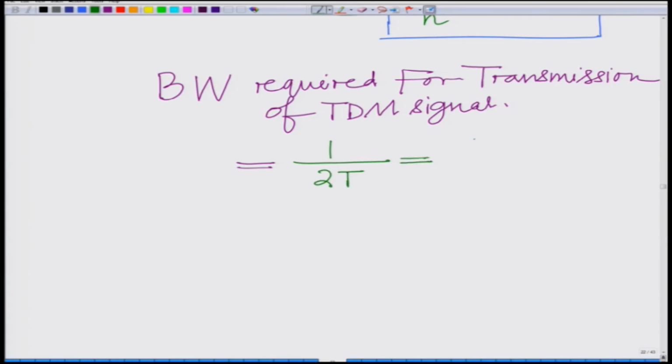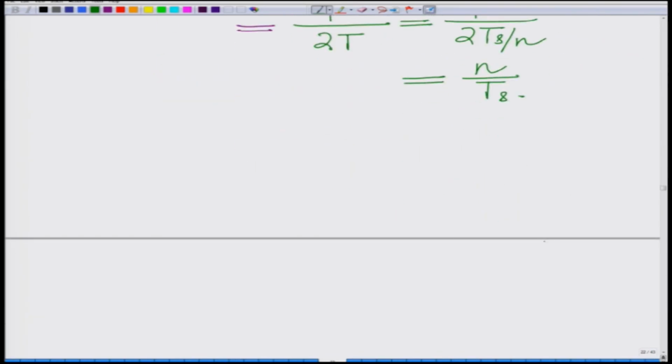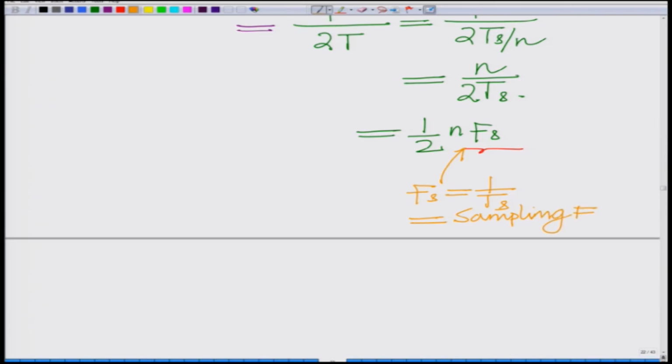We have seen T equals Ts divided by N. So this is 1 over 2 Ts divided by N, which is N over 2 Ts, which is half N Fs, where Fs equals 1 over Ts, which is the sampling frequency.